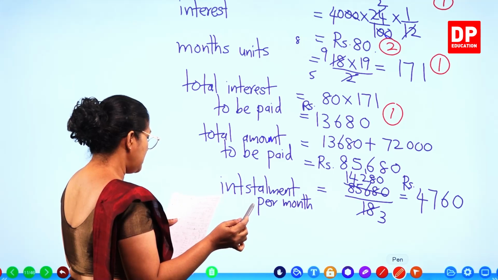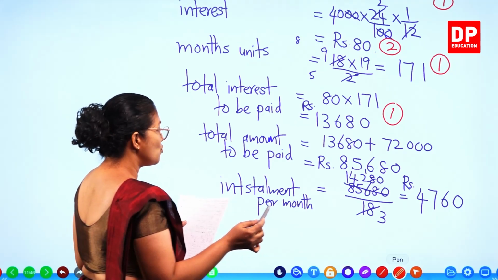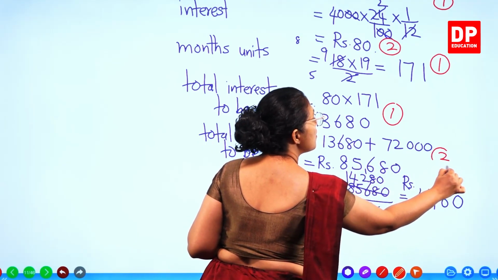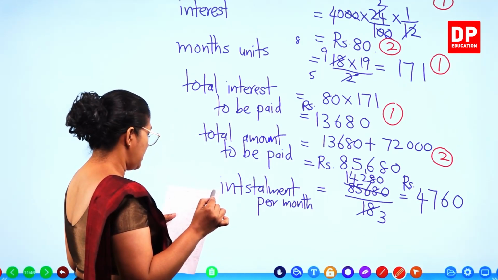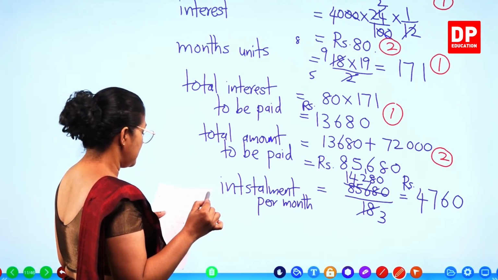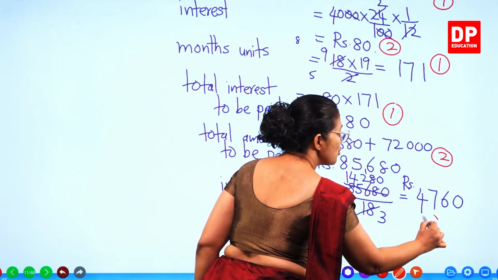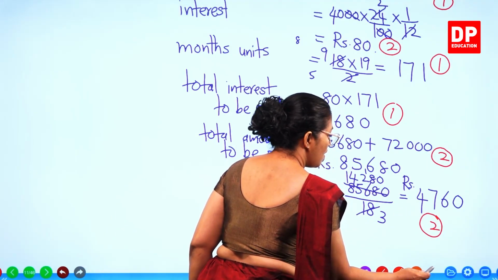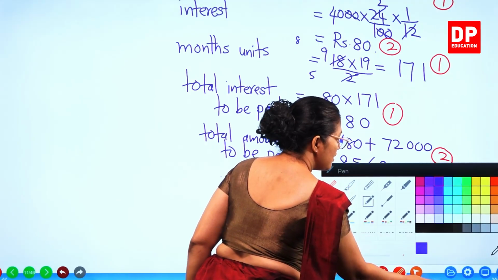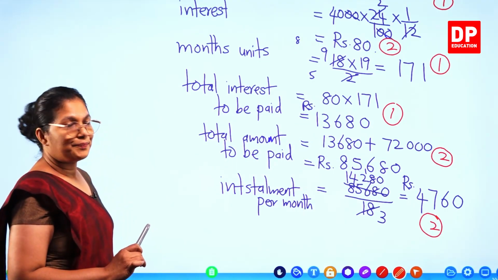And then adding these two values, and here you get 2 marks. That's 8. And finally getting this answer, that's 2 marks. So altogether 10 marks for the whole question.